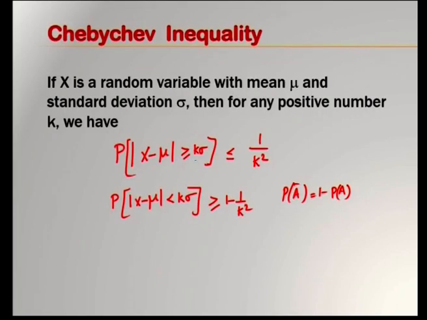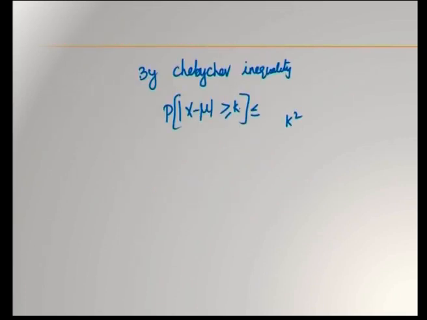Actually, you can see the Chebychev inequality, P of modulus of x minus mu greater than or equal to k sigma is less than or equal to 1 by k square. If you want only k, it should be divided by sigma here, or you take k sigma as another constant. I will write that now. By Chebychev inequality, you have P of modulus of x minus mu is greater than or equal to k sigma is less than or equal to 1 by k square.